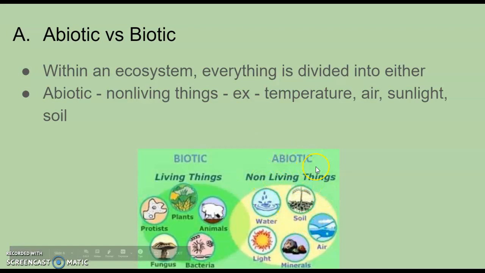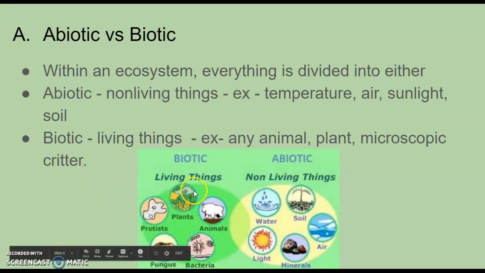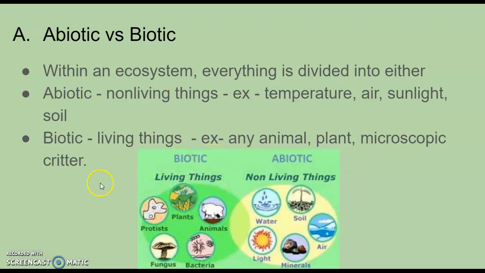So that's abiotic. Other things in an ecosystem are obviously living. These are called biotic. These are going to be my plants, animals, microscopic critters, bacteria, fungi. All of these things that are considered living are going to be biotic. And when you think about it, it's easy to remember, right? Because bio means living. So biotic is living things. Abiotic is not.